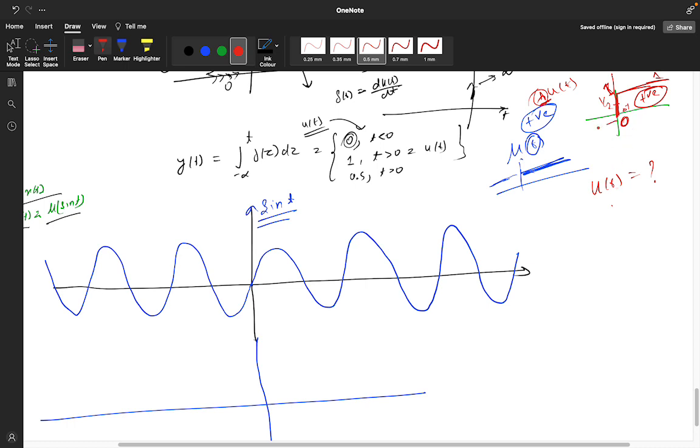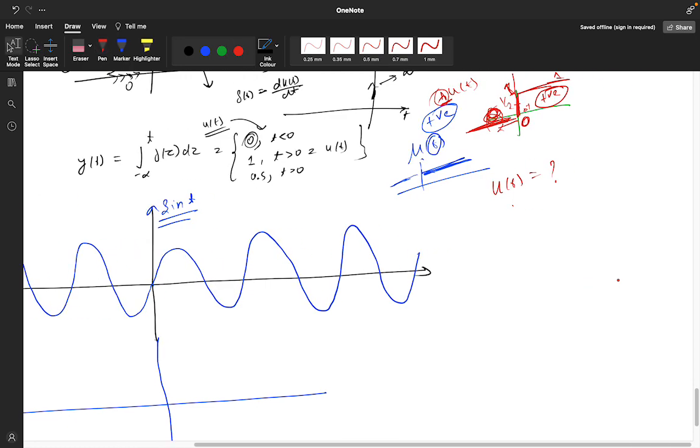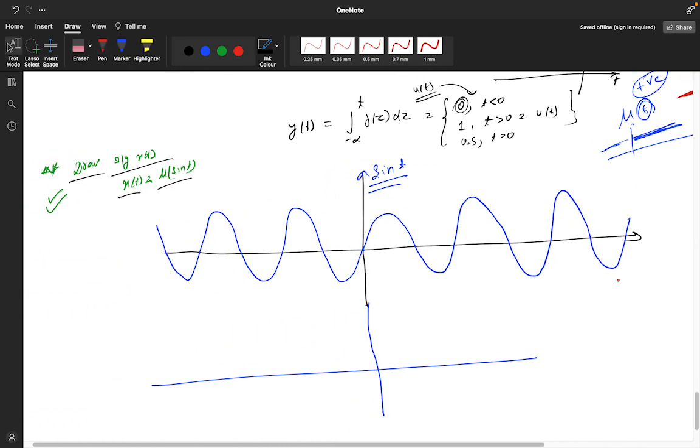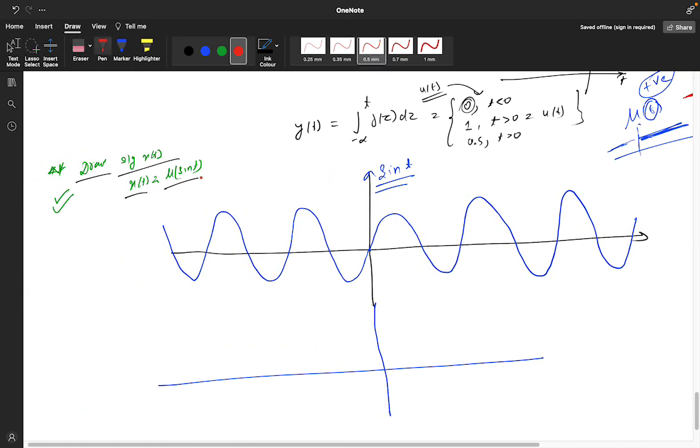When you go in the negative direction, the value is 0. Understood? The value is 0. Understood or not? Yes, sir. So where we are having a positive value, this is our function.